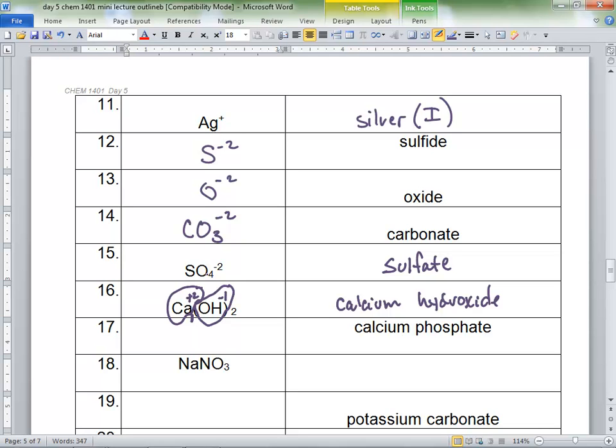Calcium hydroxide. You don't care how many are there at all. There's no Greek prefix mono, di stuff. All you do is name the cation, name the anion. Calcium phosphate. Calcium phosphate. What should you write for calcium phosphate? You want the formula now. Ca.